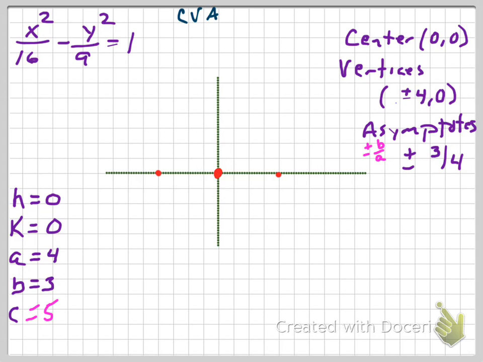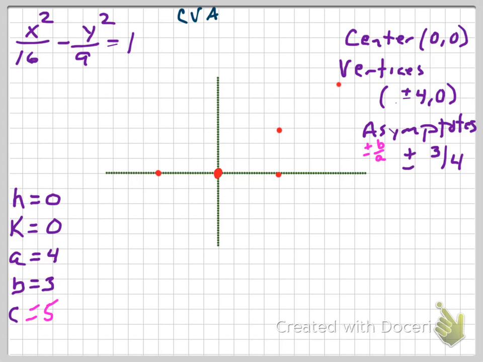So from the center, we're going to go up 3 over 4, rise over run, and make a dot. I should have made these a different color, but I didn't. And then I keep going, I make another dot, just like I'm graphing a line. So you can see my line starting to form.